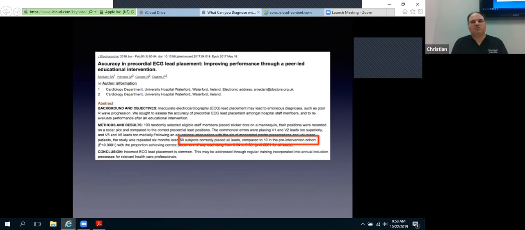The most common errors were placing V1, V2 too superiorly, and they put V5 and V6 leads too medially. They gave an educational session to them, and then they came back 6 months later to see how good the session was. They found that now 60 subjects correctly placed the leads, compared to the pre-intervention, which was only 10. So 10% placed the leads correctly the first time, and now at least 60% did after getting an educational session.